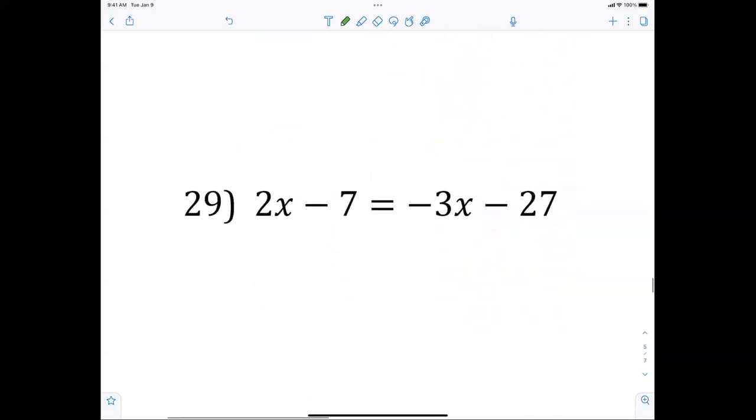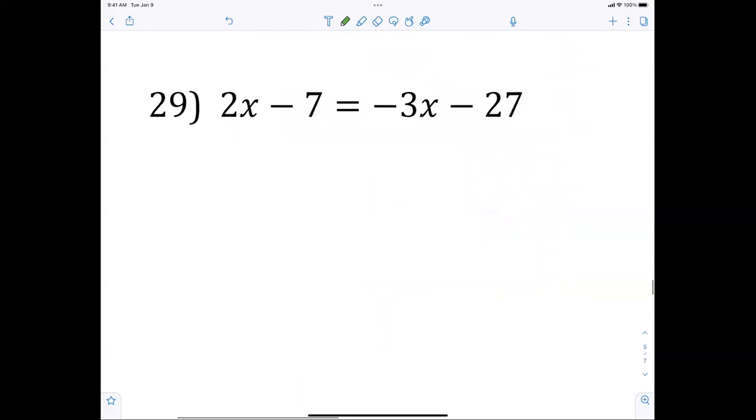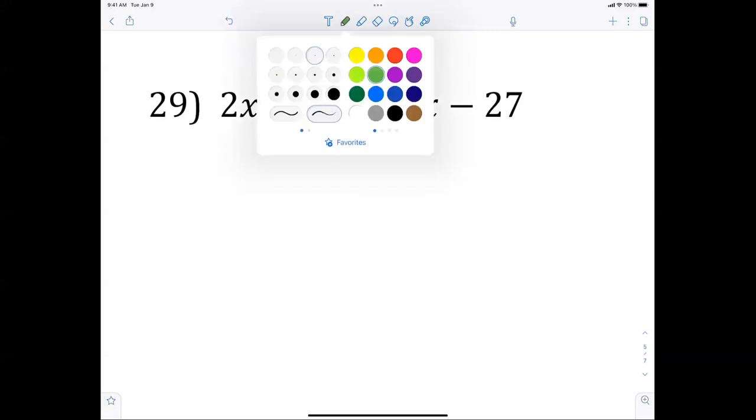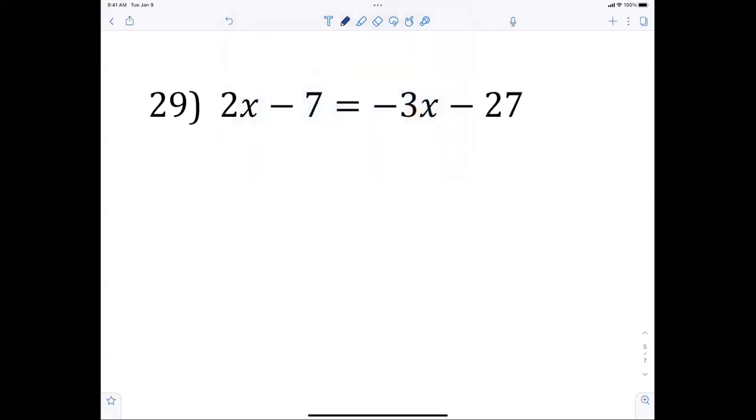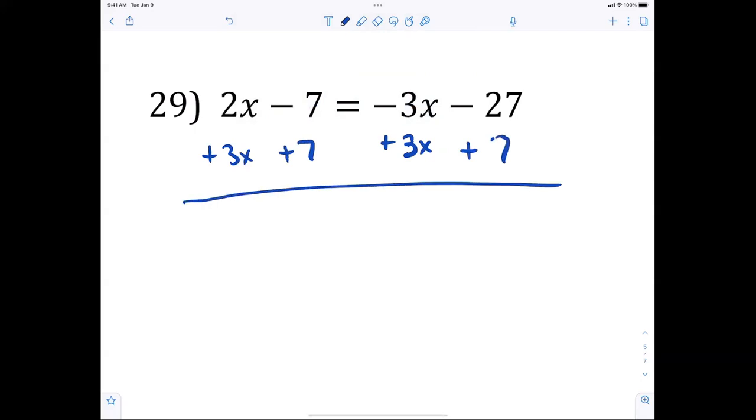All right, let's look at 29. Evelyn, help me, please. What are you thinking? We would add 3x and then add 7. Yes. Very nice work. 5x, 30.